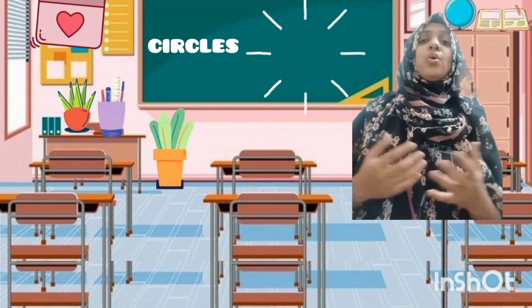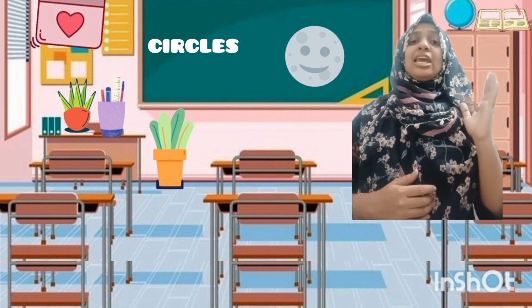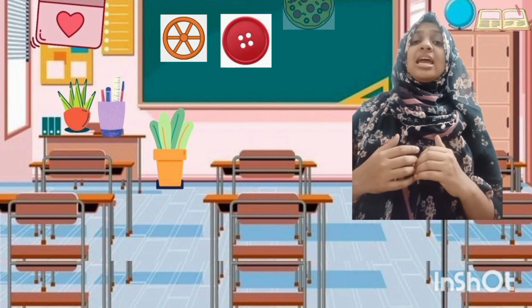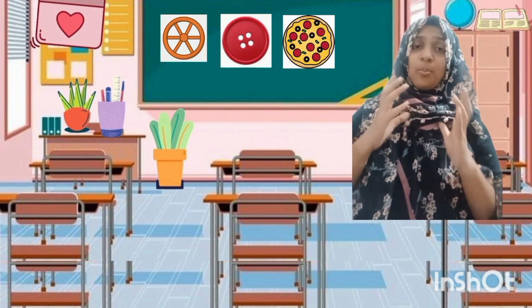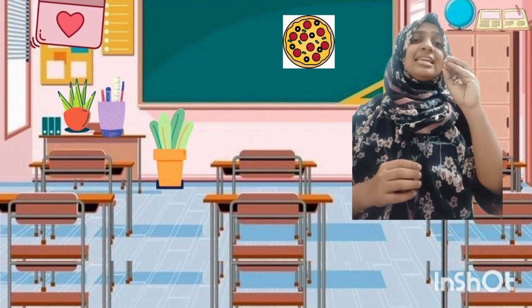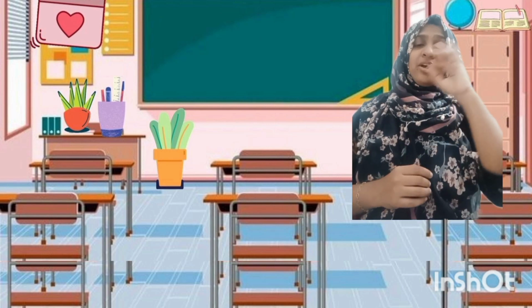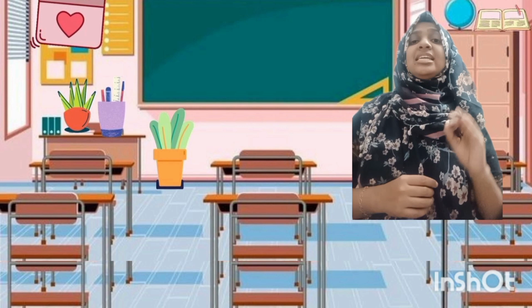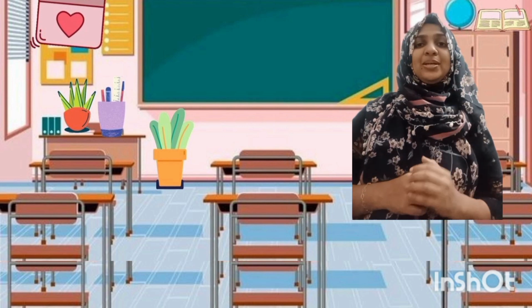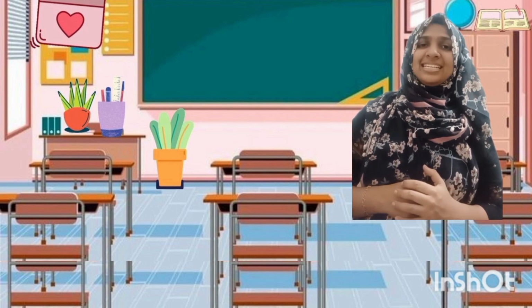Yes, as you all know, a circle is a closed two-dimensional figure which has no opening. It has a center, and all points on it are equidistant from that particular center. Isn't it?